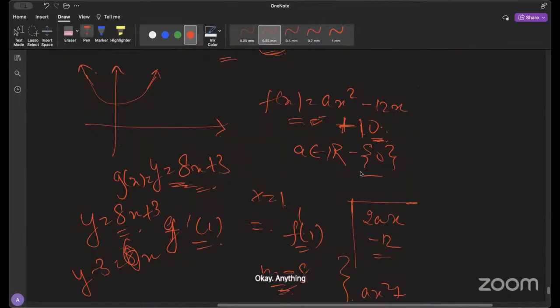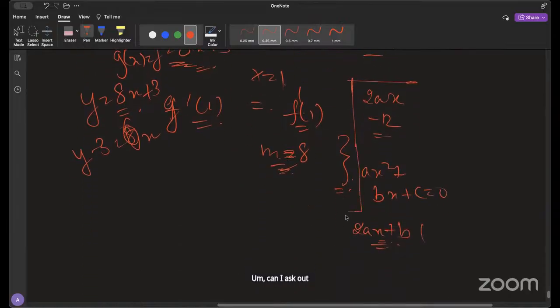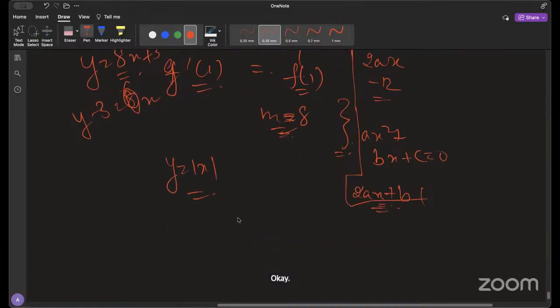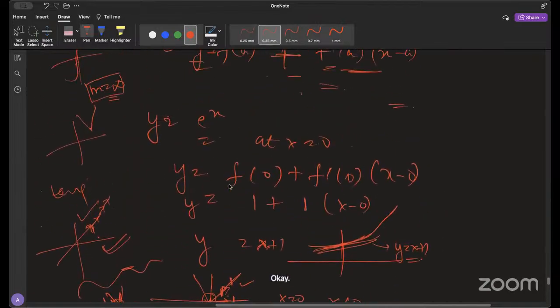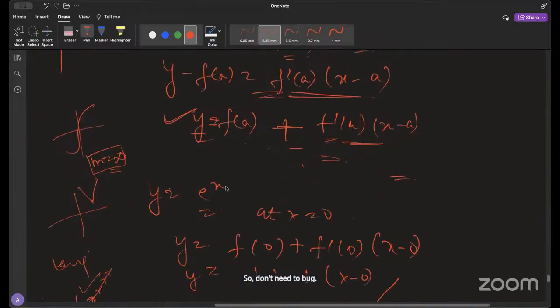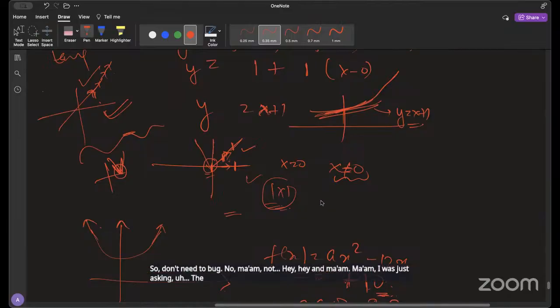Anything else? Ma'am, can you tell the syllabus for quiz two? The y equal mod x that we were discussing before? Okay. Ma'am, can you scroll down the slide a little? It is already written, so you don't need to bug. Ma'am, I was just asking, does the equation exist or not exist for this?